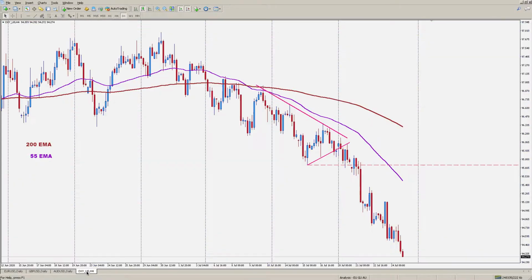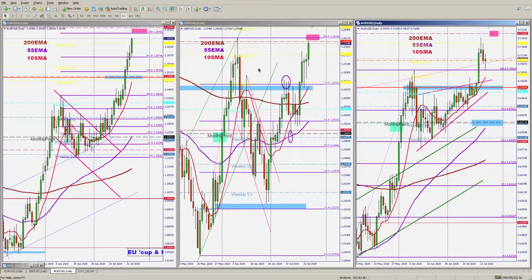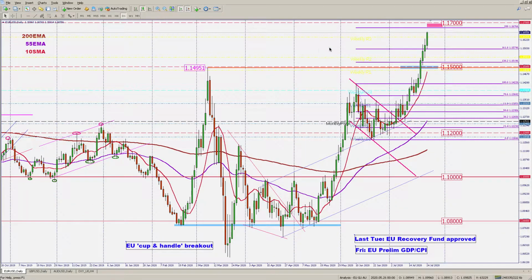This is because if you take a look at the DXY index, the US dollar index on the 4-hour time frame, it has continued to weaken significantly over last week and down to 94.27 now for the close of last week.